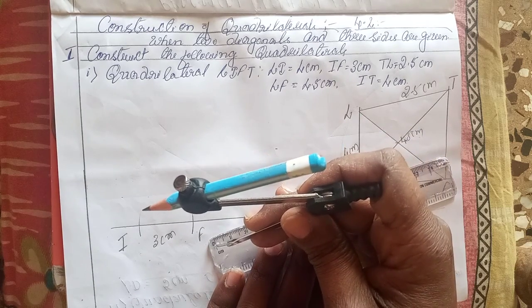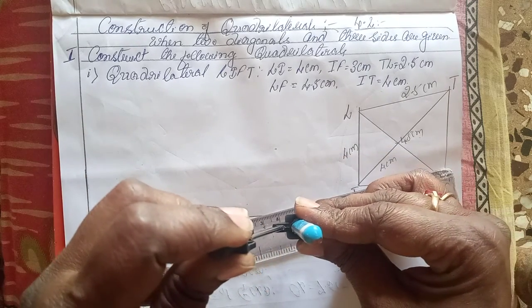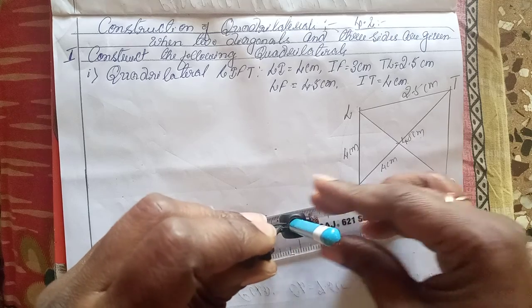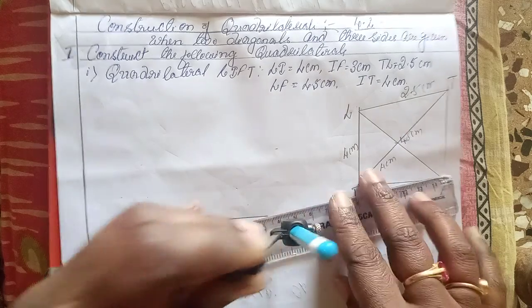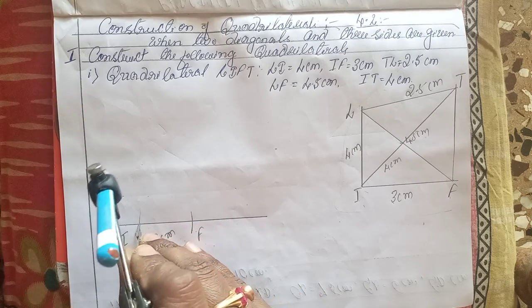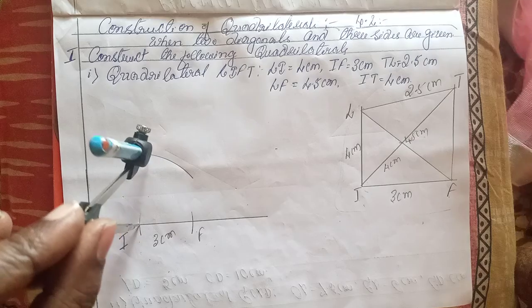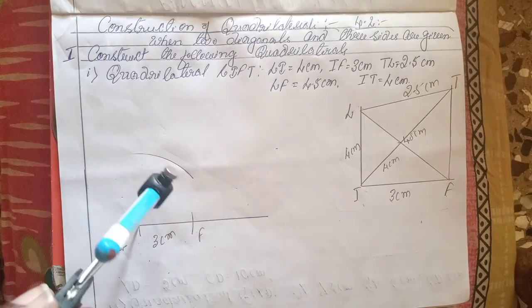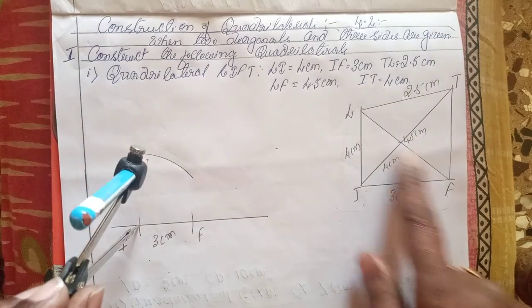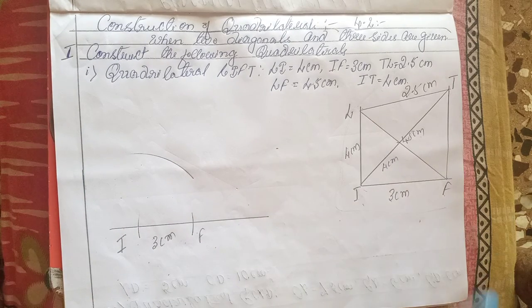Initial point is 0, then take 4 centimeter. Like this, you have to take the measurement, pointing it on the point I, then draw an arc on the upper side like this. And then LF is given. LF, that is the diagonal, is equal to 4.5.